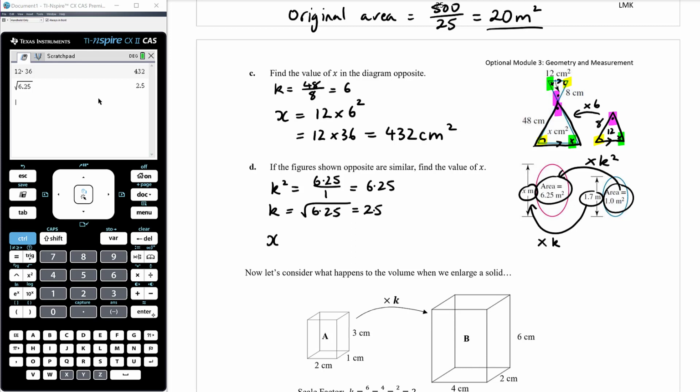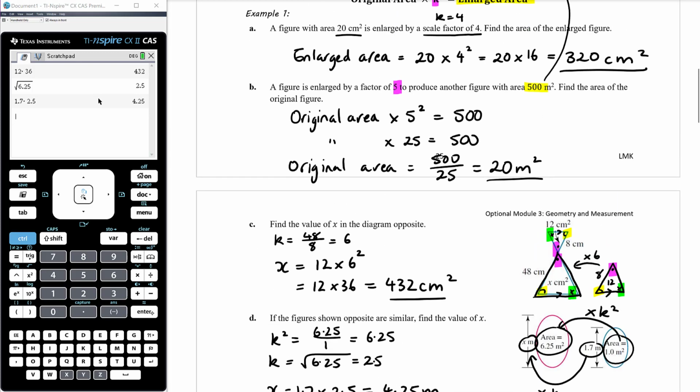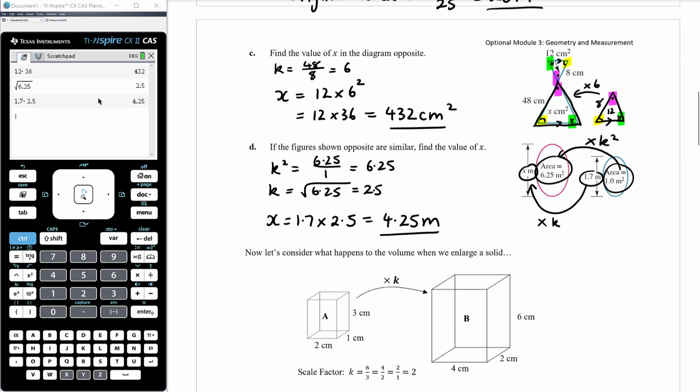So we know that x is going to be 1.7 multiplied by 2.5. 1.7 multiplied by 2.5 is 4.25, and that's a length, and its units are meters. Okay, so if the lengths are multiplied by a scale factor of k, then the areas are multiplied by a scale factor of k squared.